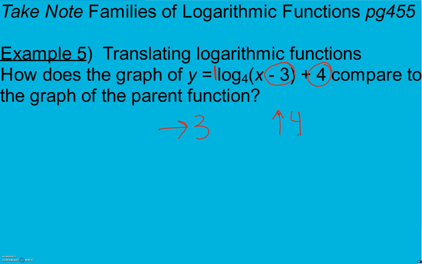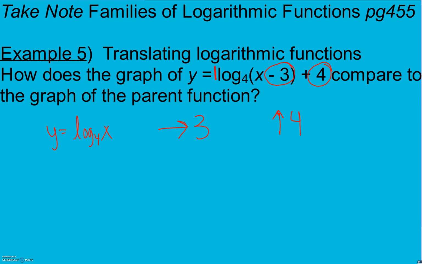So we're going to start off with our parent function, y equals log base 4 of x. We're going to go 3 to the right, and we're going to go up 4. That would also change our domain, and our asymptote. It wouldn't change our range.